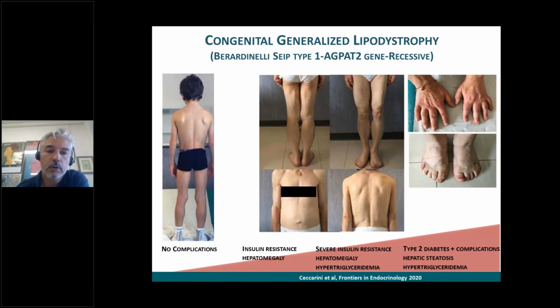But if you leave the disease untreated and unrecognized early on, all the complications that you may predict and expect develop: insulin resistance, hepatomegaly, and then hypertriglyceridemia, diabetes, and later on the patient will have even complications from type 2 diabetes, as was the case of this 50-year-old patient that was followed at our center and developed a severe retinopathy and kidney insufficiency, kidney failure.